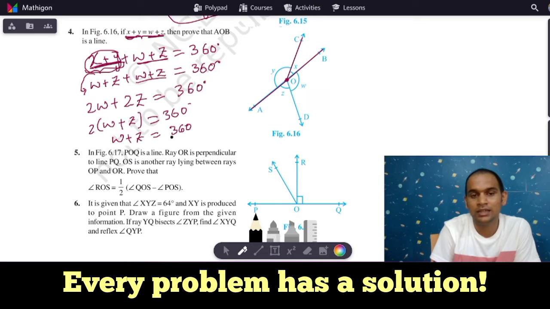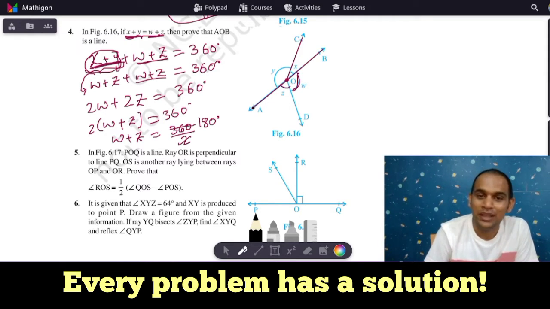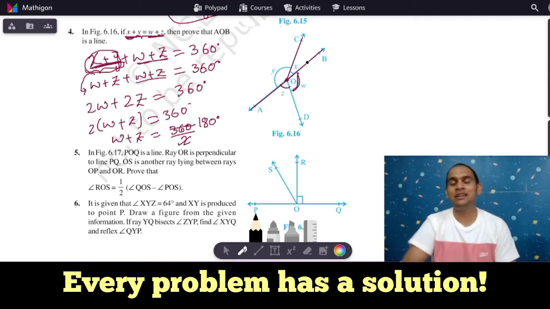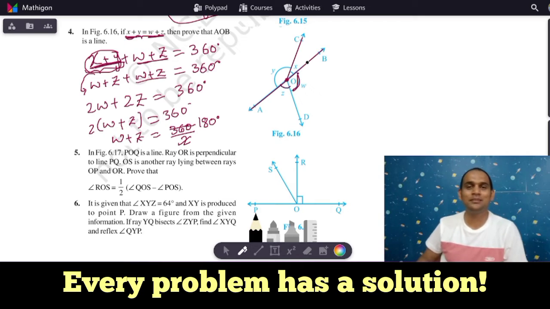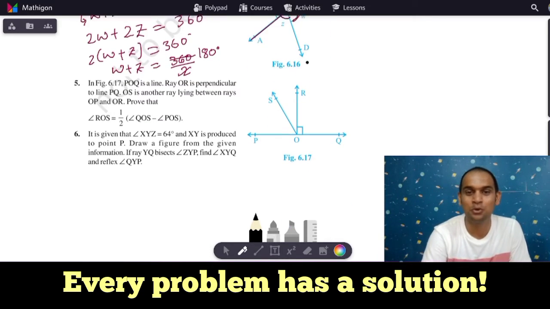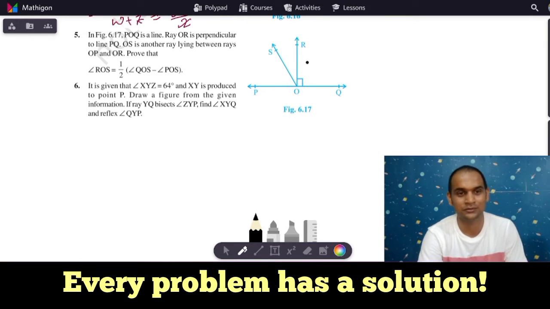Now 2 is in multiplication, over here it will come in division, so it gets us to 180 degrees. So w plus z equals 180 degrees. They are adjacent angles. OD is the ray, so AOB must be a straight line by converse of linear pair axiom, and hence the proof. I hope that makes sense. I hope how we proved it is also clear for you.